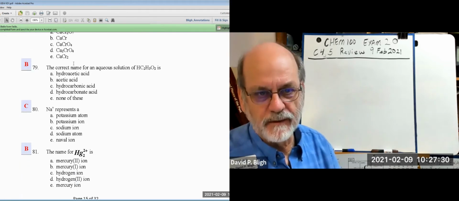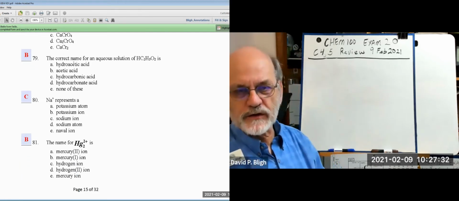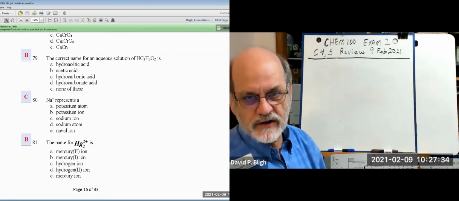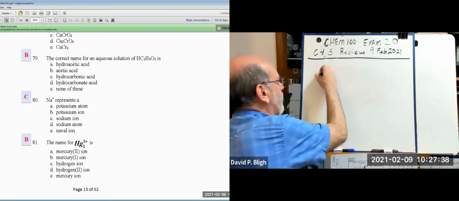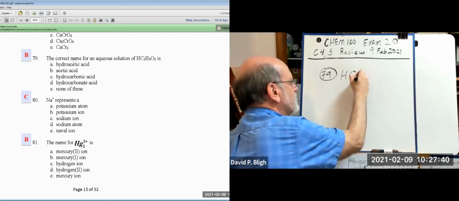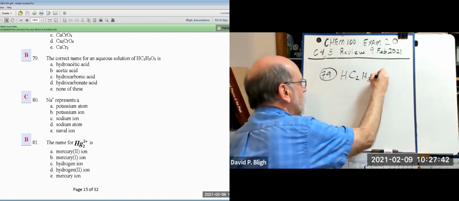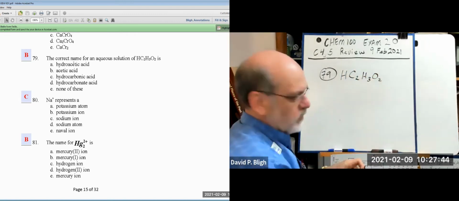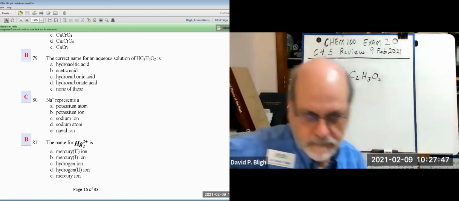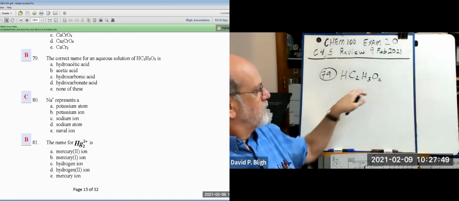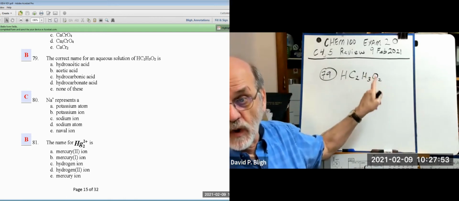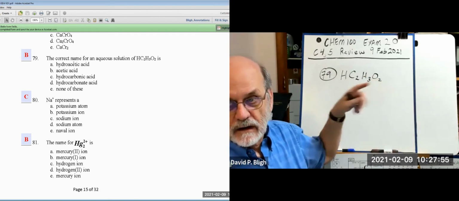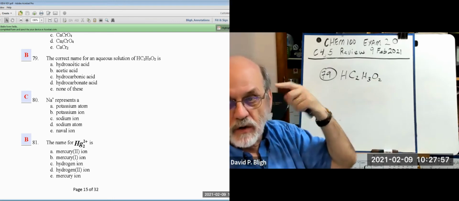79. The correct name for the aqueous solution of HC2H3O2. Okay. When you see a formula like that, where you have multiple elements and oxygen's one of them, there ought to be a light in your brain go off.